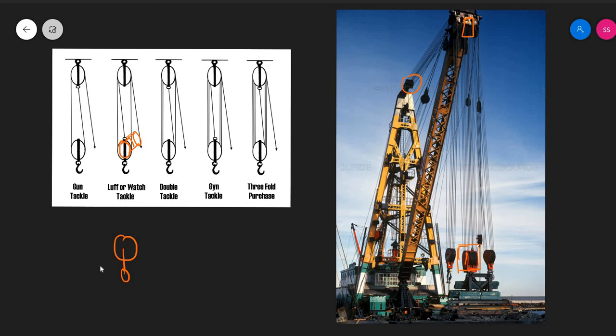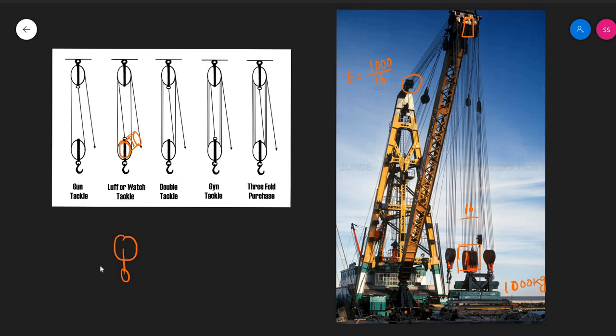If you have 1 ton and about 16 threads here, then the effort you need to put is 1000 divided by 16, if there are about 16 threads pulling this up. So that's going to be your effort for lifting 1,000 kilogram mass.